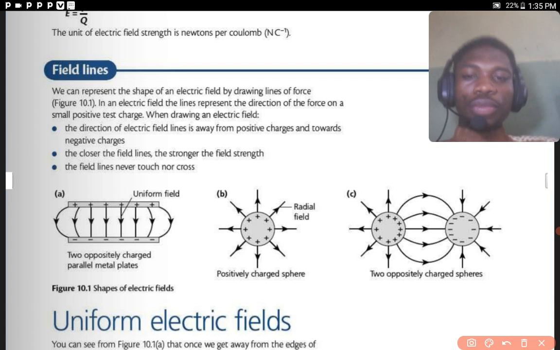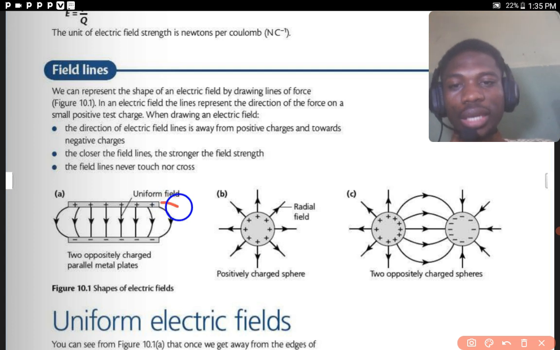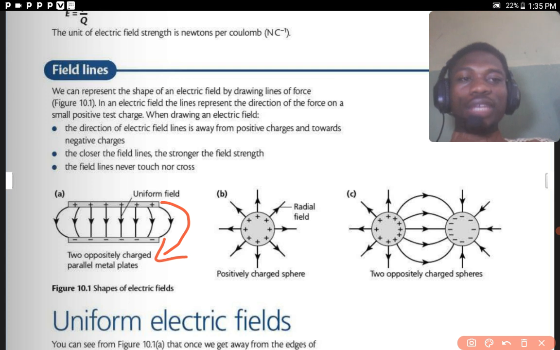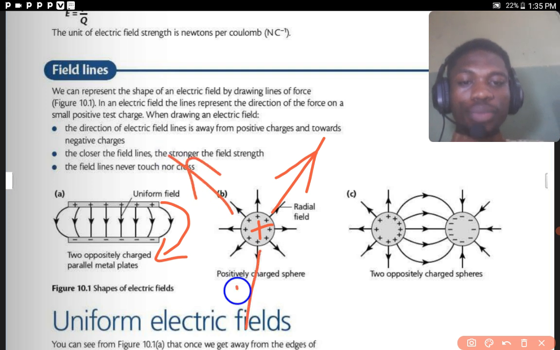Look at it closely, and you're going to notice one thing: the direction of the electric field lines is away from positive charge, and toward the negative charge. If you look here, you see the direction, it is leaving the positive to the negative. Here, this is a positive charge, so the lines are going outward, outward, outward.